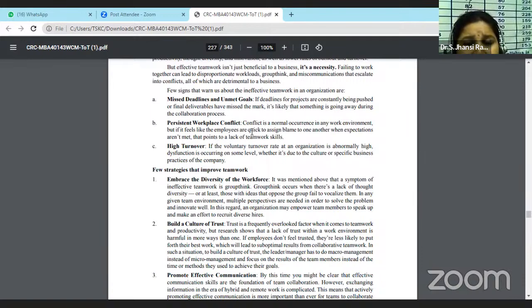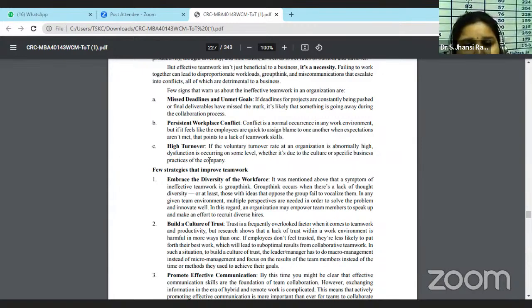Conflict is a normal occurrence in any work environment, but if it feels like employees are quick to assign blame to another when expectations aren't met, that points to a lack of teamwork skills. And high turnover.